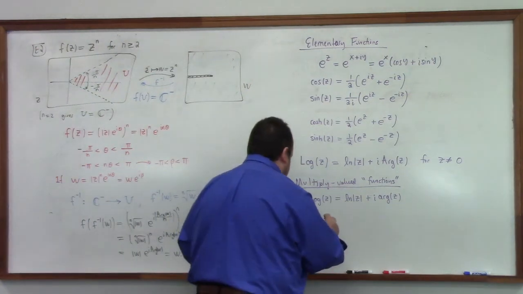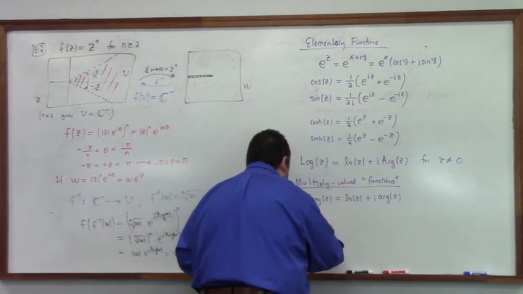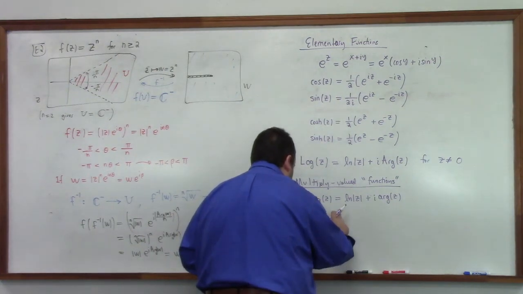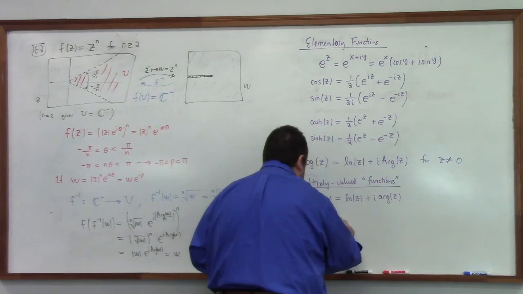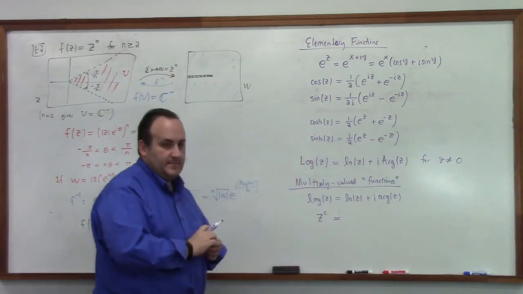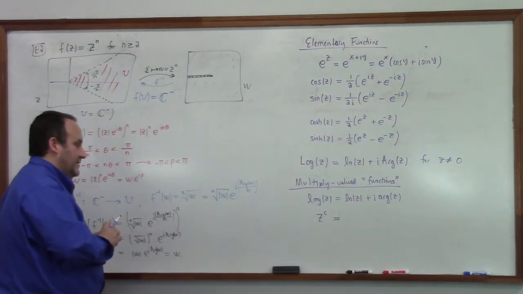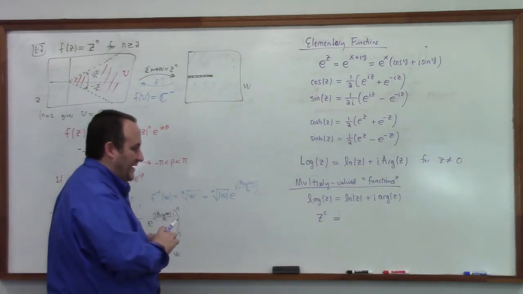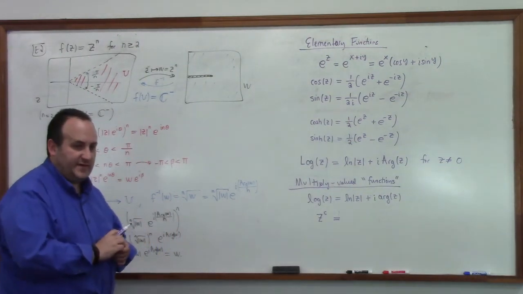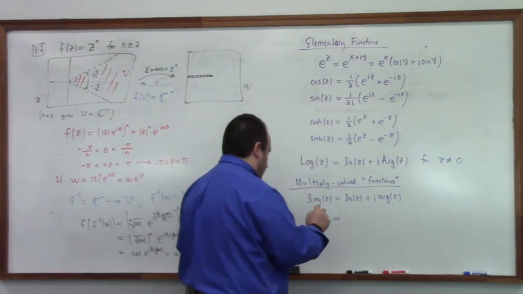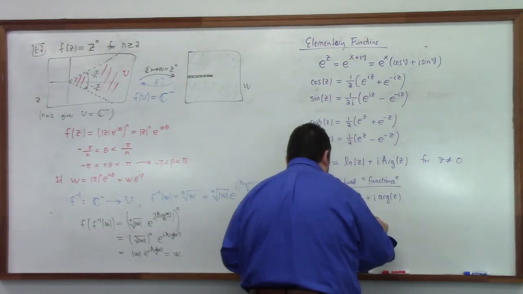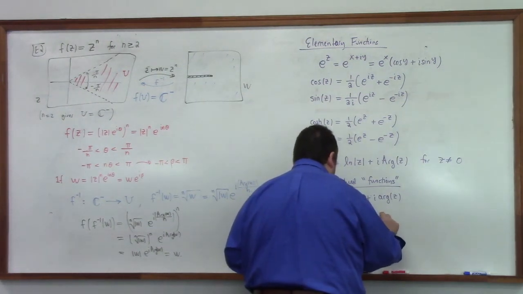In addition, if we take z to a complex power, that is a set of values. Let's see here. How do you think we're going to define that set of complex values? Well, here's how we do it. Basically, we just say that's going to mean the exponential of c times the log of z.